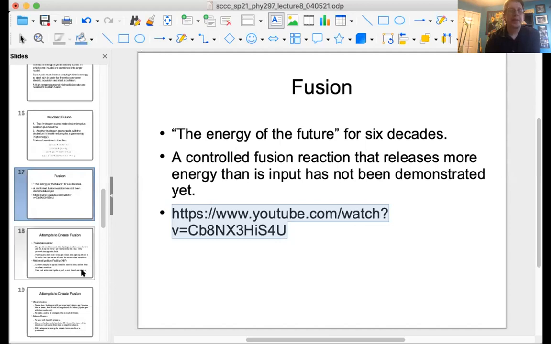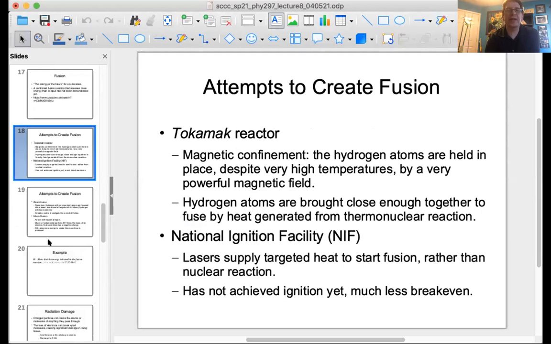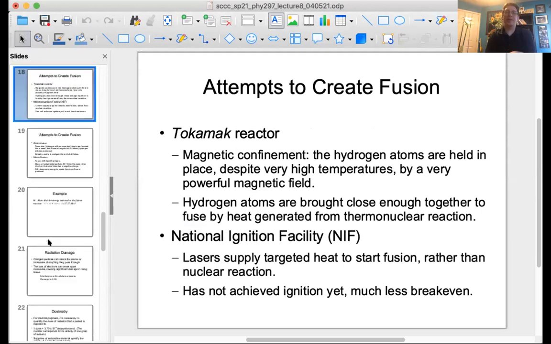All right. So that's the basics of the fusion reaction. There are still people actively trying to create fusion. You have what's called the tokamak reactor, where hydrogen atoms are held in place by a powerful magnetic field, and then they're brought close enough together so that they can fuse.